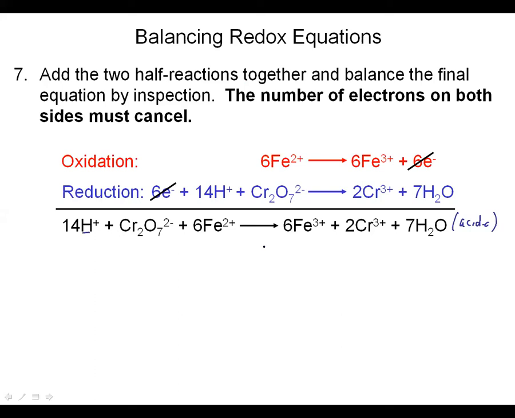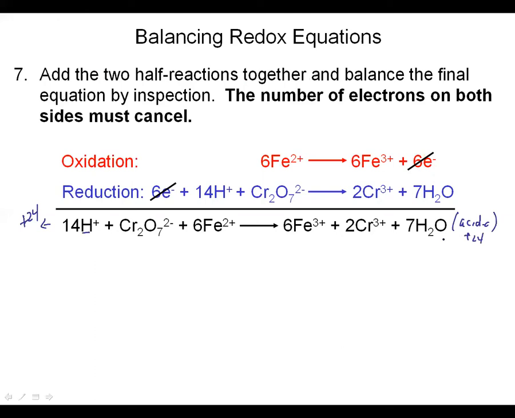Overall charge: plus 14 on the left and minus 2 gives you a plus 12. And 6 times 2 is 12, so that's a plus 24 overall if you add up the entire charge on the left-hand side. On the right-hand side, 6 times 3 is 18, and 2 times 3 is 6, so 18 and 6 is plus 24.